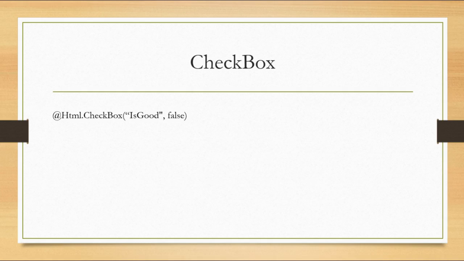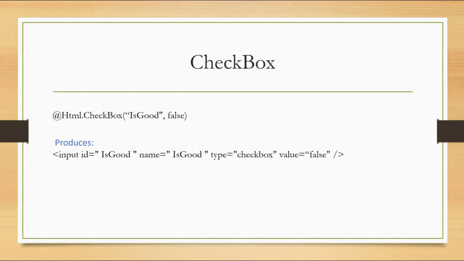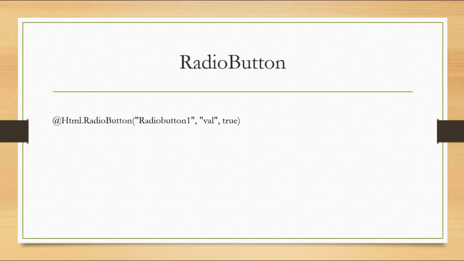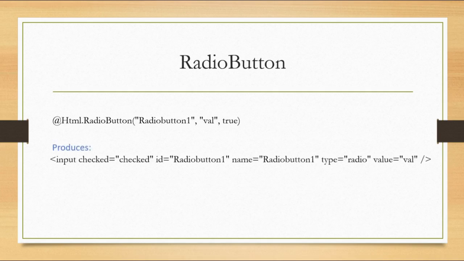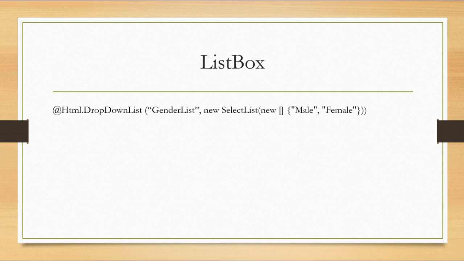Checkbox produces an input ID with a type of checkbox. Radio button produces a radio button 1 control, as you can see here. A list box, this is called a drop-down list.